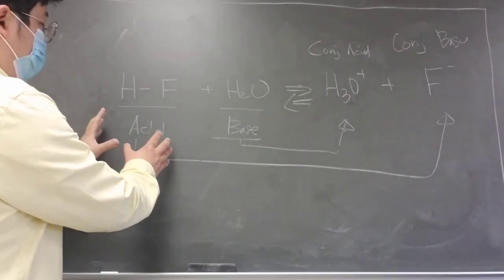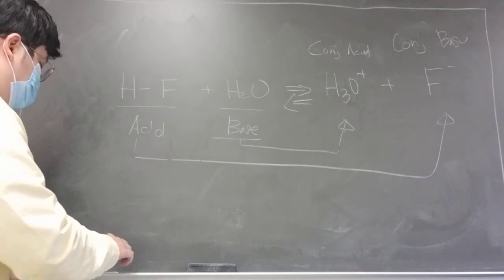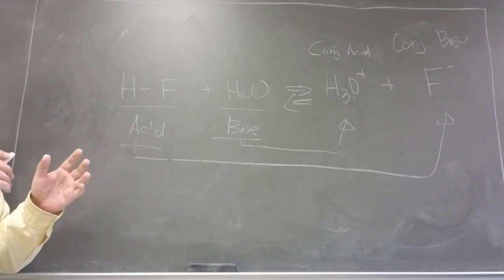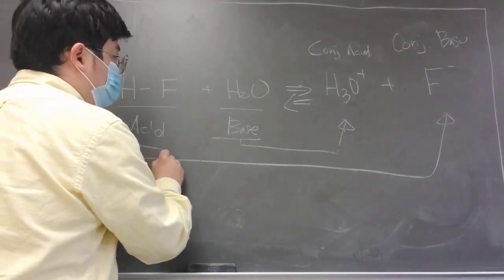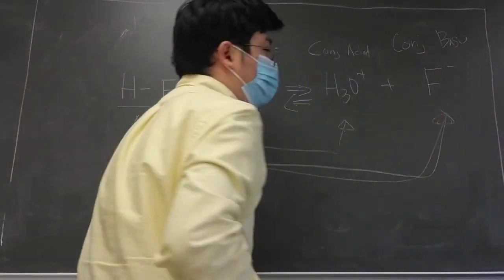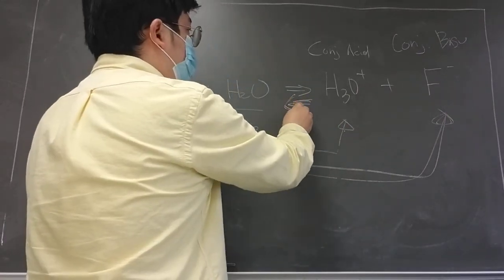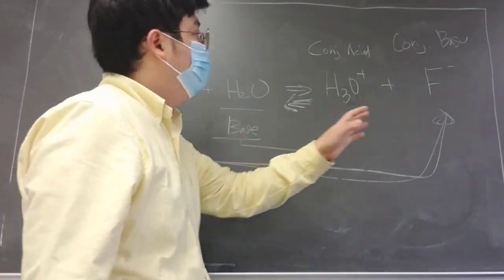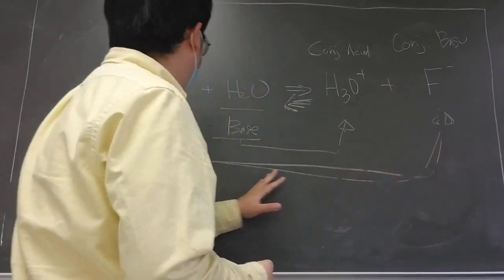Think about it: if you have an acid compound over here, what's the definition of an acid? They donate a proton. Once they donate the proton, they become the fluorine anion. That means when you go to the other side, which is possible because it's a weak acid, this is going to regain the proton to return to its original form.